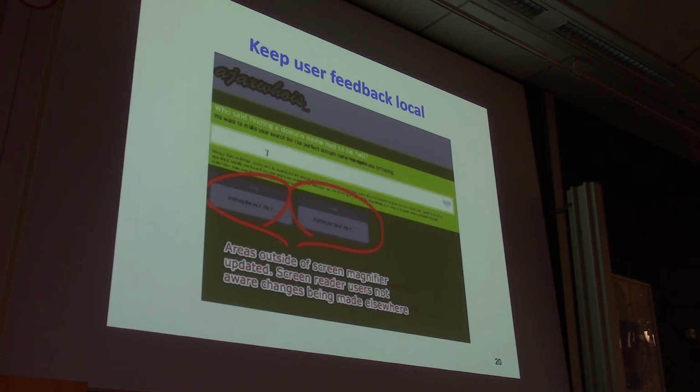So keeping your information as close as possible, so you don't need to scroll completely down, for example, to find the submit button, to find your OK button, is a design principle that is key for these people, but it's also very convenient for other users.